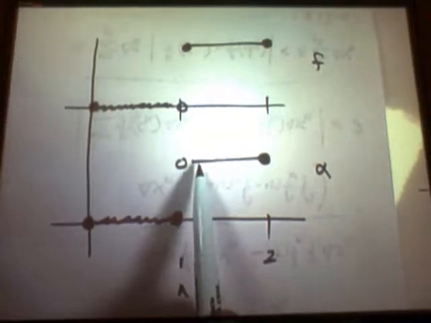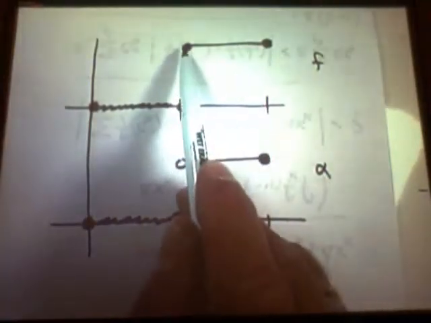Good. This integral is weird. It's like nothing much happens except for here. You know, this is the kicker. Delta alphas out here are all 0.